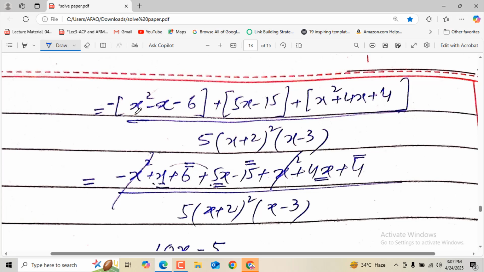Look at this, -x^2 is cancelled out by x^2; -x^2 + x + 6 + 5x - 15 + x^2 + 4x + 4.